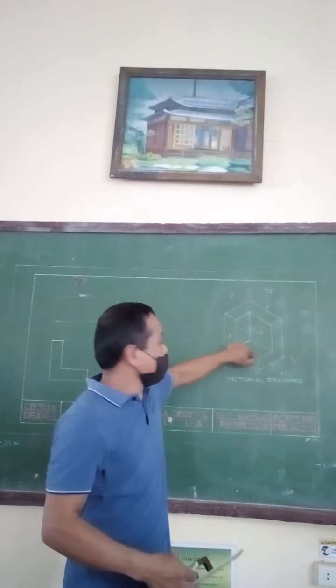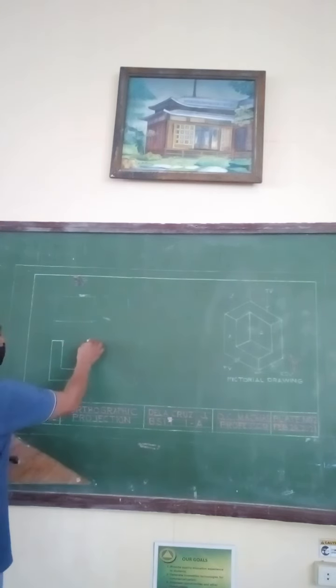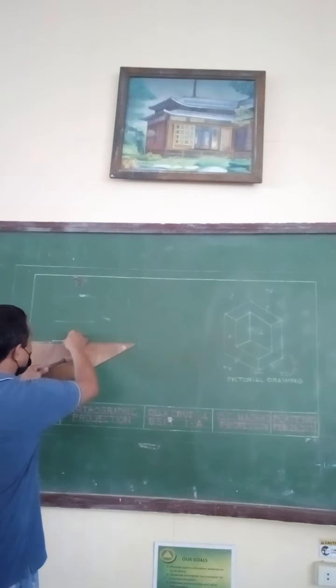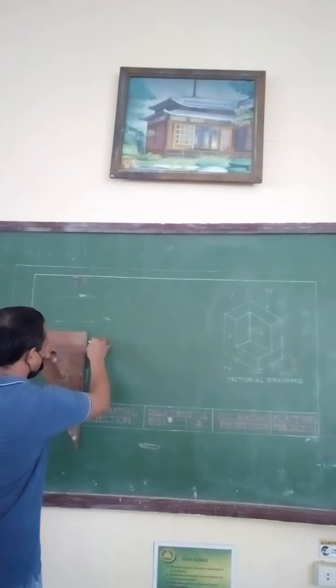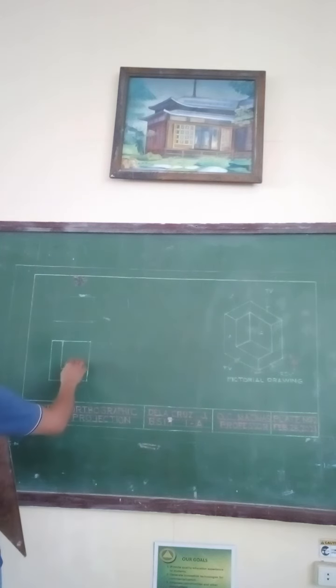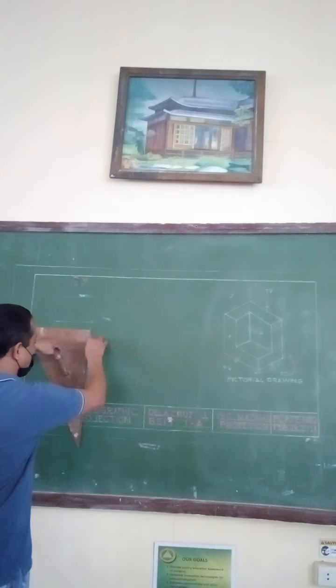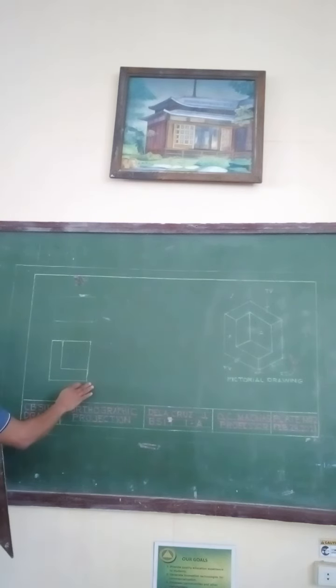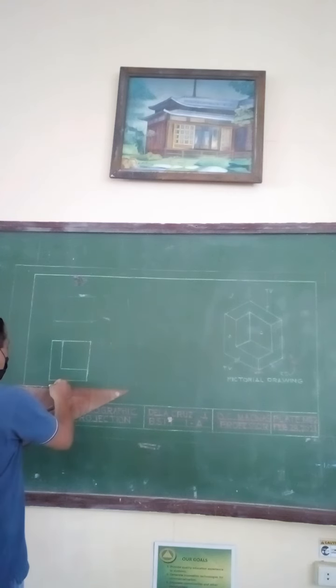The remaining will be this one. As you see, there is still remaining space for a square. So we just enclose it with a solid line or an object line. It's considered now as one of the parts of the front view. So this is now the front view.